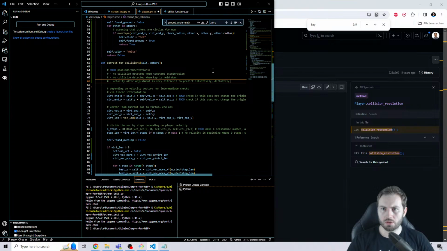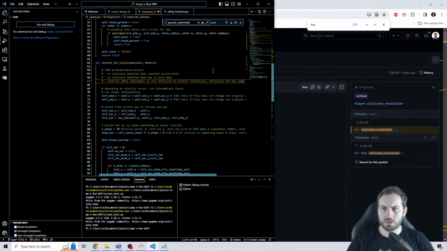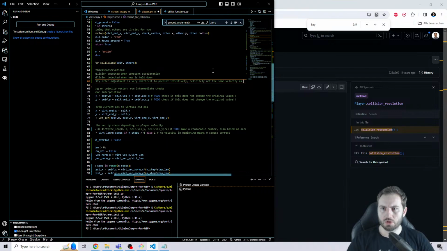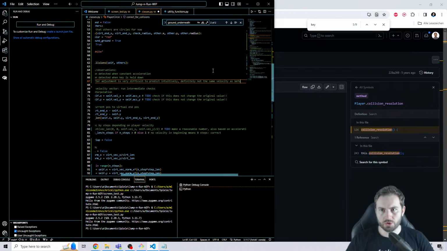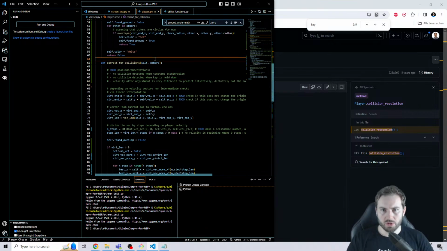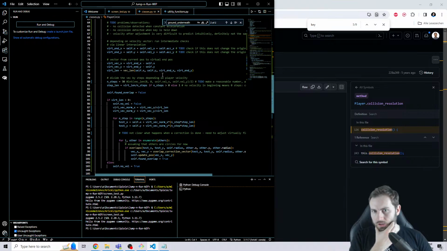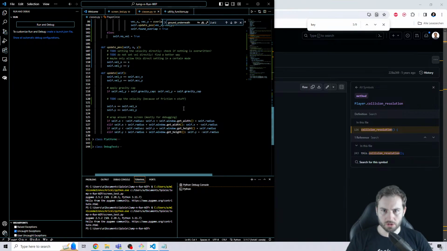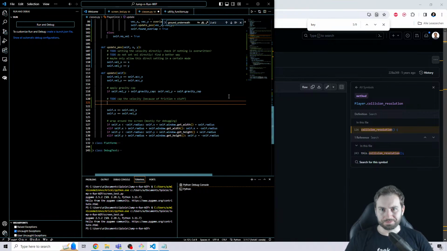Definitely not the same velocity as before, which needs to be fixed. But yeah, I think first of all with the cap and the velocity here, we can make it look actually quite good.